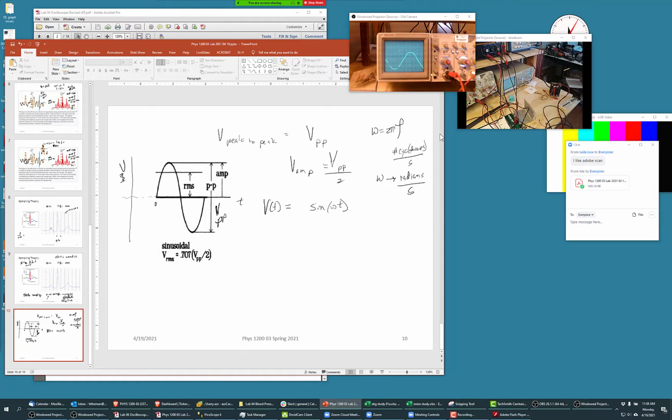So this would be the equivalent of 90 degrees, pi over 2, 180 degrees. And then, of course, since sine only goes from -1 to 1, we need to multiply by an amplitude. So when you're at, say, 90 degrees, that's the amplitude, see? That's just where it comes from.